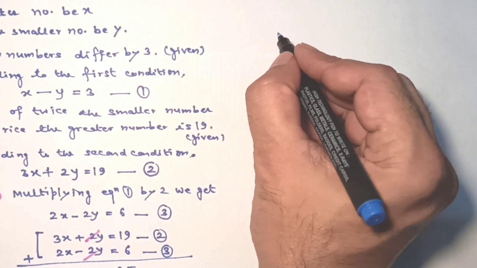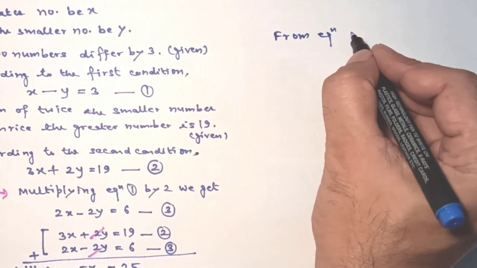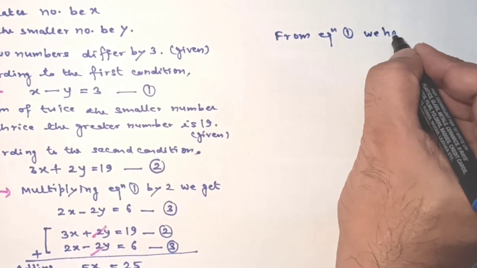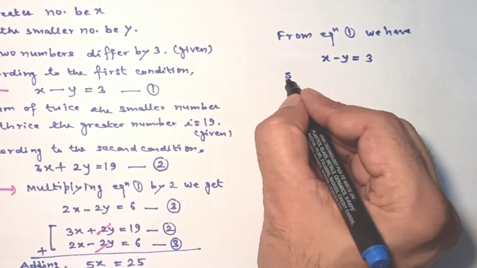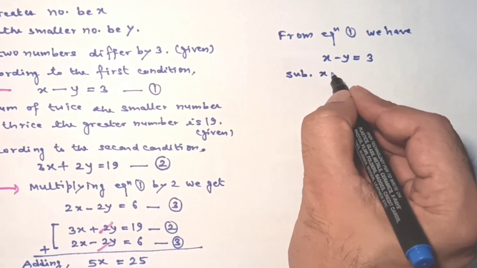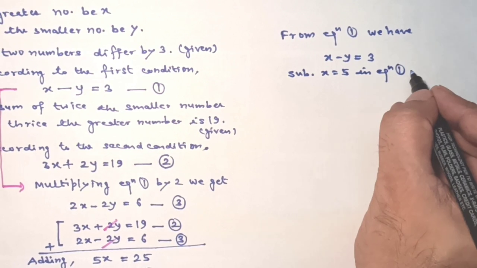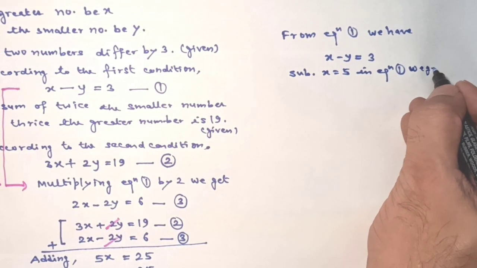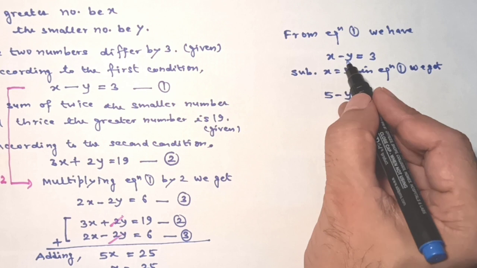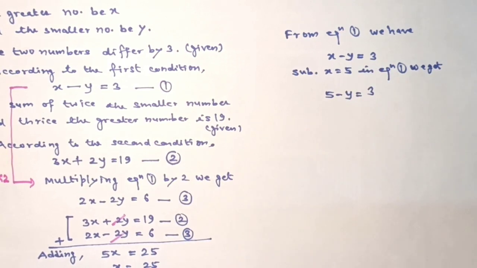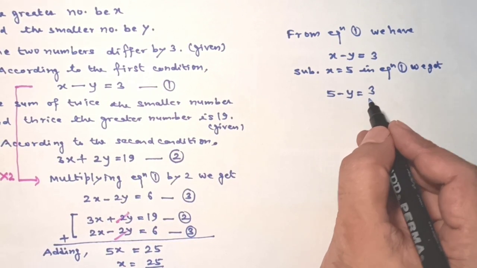Now from equation 1 you have x minus y is equal to 3. Just put the value of x in equation 1. You will get 5 minus y is equal to 3.